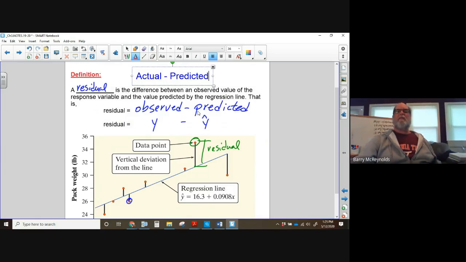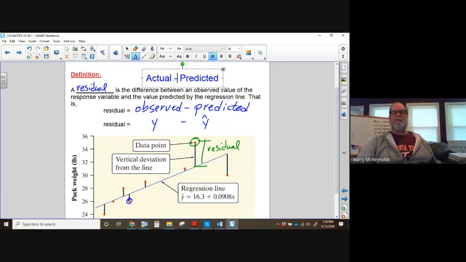And in AP stats, it's easy for us to remember: actual starts with A, predicted starts with P. And so oftentimes we'll say the residual is the AP.